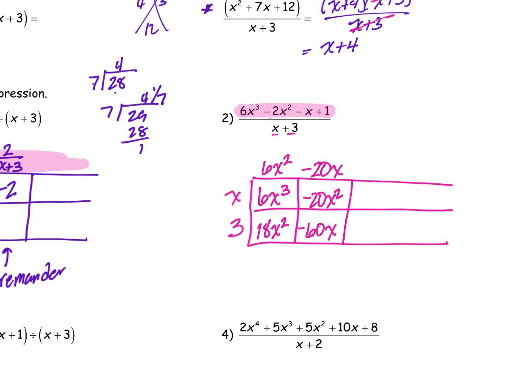Whew. Yeah, it's just a multiplication box, right? So I'm going to take this number up here times this number. So 3 times negative 20 is negative 60.